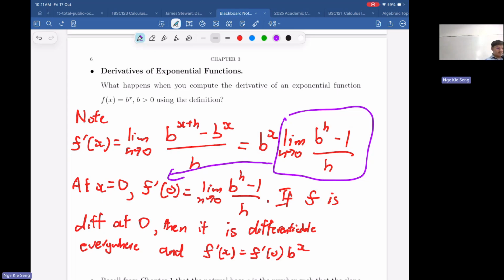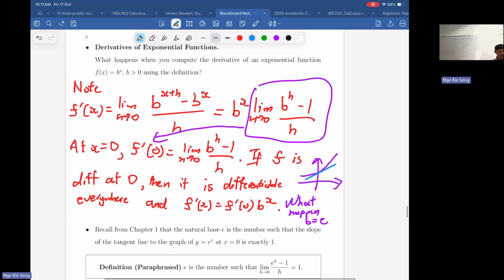But what happens when b equals e? Meaning you look at this exponential function here. If you still remember, last time we talked about the specialty of this function. The tangent line at 0, what is its gradient? The gradient is 1.